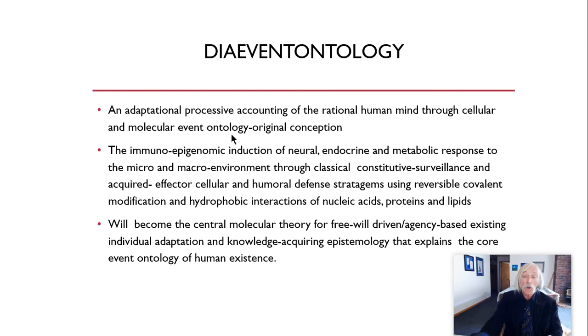The immunoepigenomic induction of neural, endocrine, and metabolic responses, not just those, but those are 3 major ones, to the micro and macro environment. Micro or endo environment means what's happening inside the system. Through classical constitutive surveillance, this is immune response jargon here, and acquired effector cellular and humoral defense stratagems using reversible, covalent, sometimes also hydrogen bonding, modification, and of course hydrophobic interactions of nucleic acids, proteins, and of course the all-important lipids.